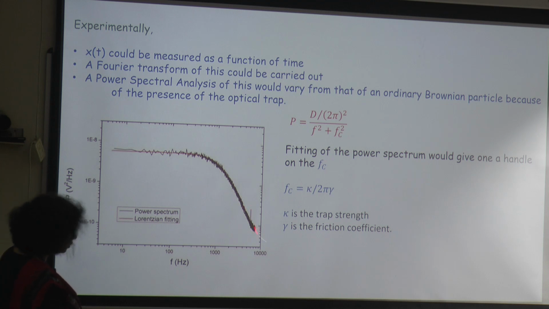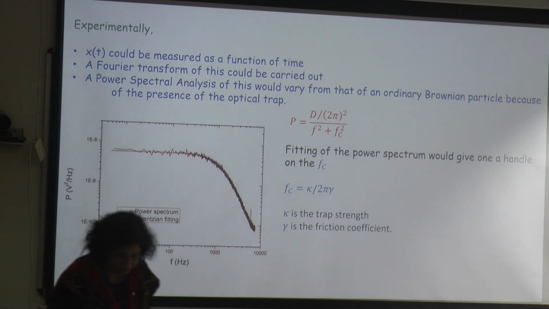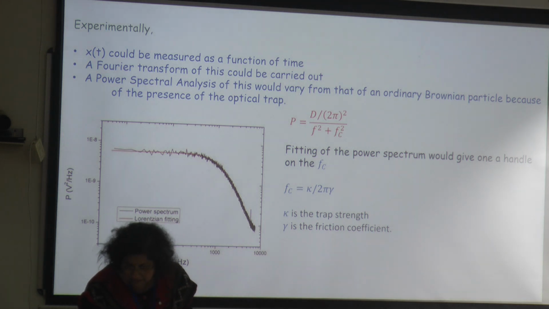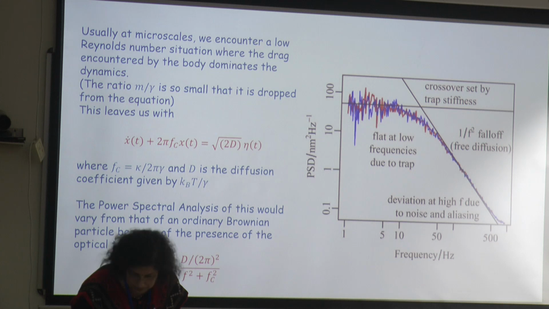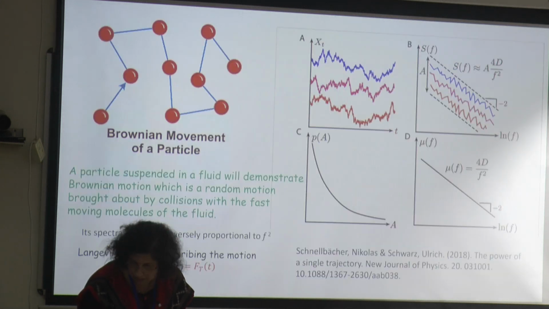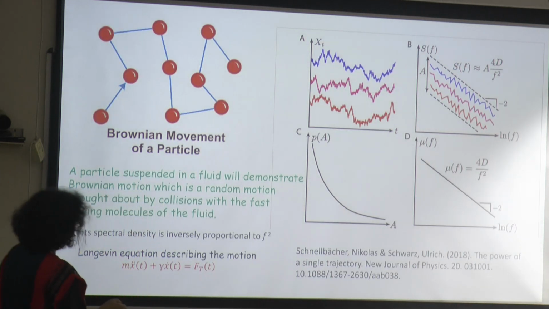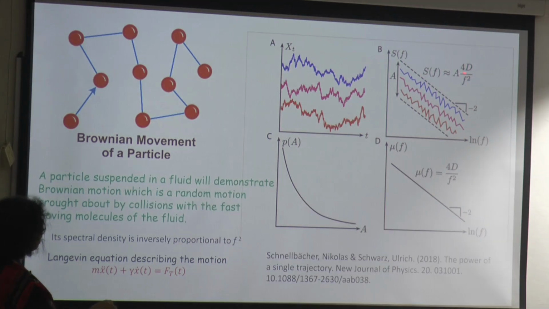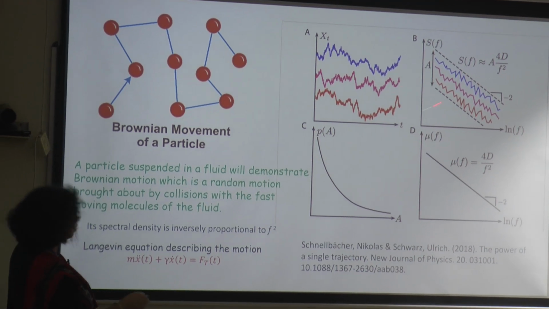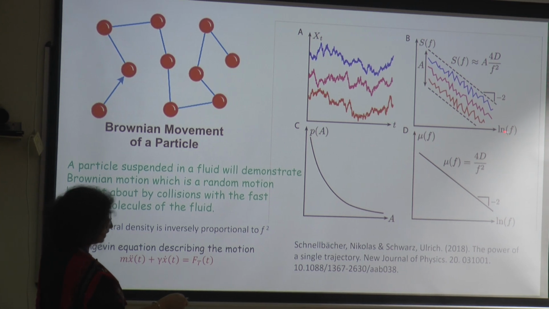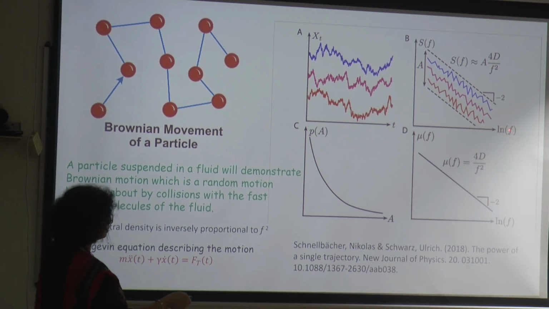Now, the earlier slide has demonstrated this better. Let me go back one slide further. So here you have a power spectral density of a free Brownian particle. Just note that you again have the logarithm of the frequency over here.